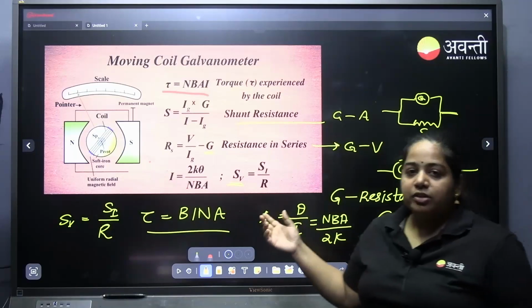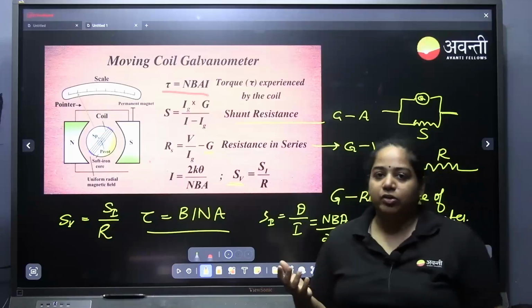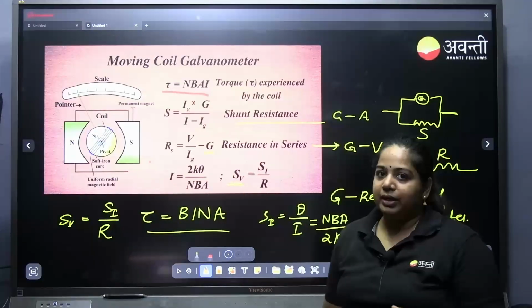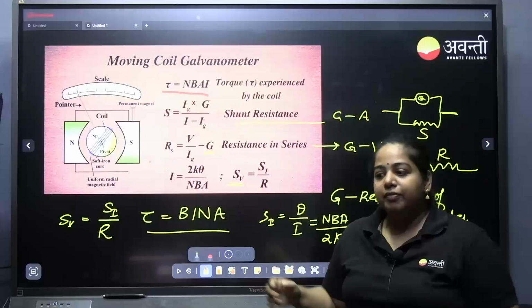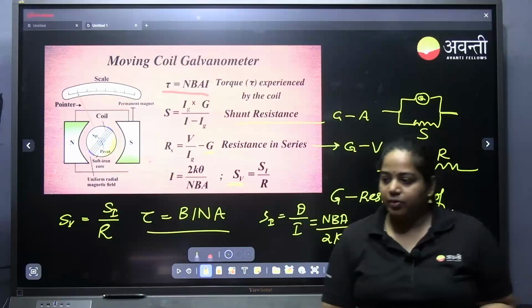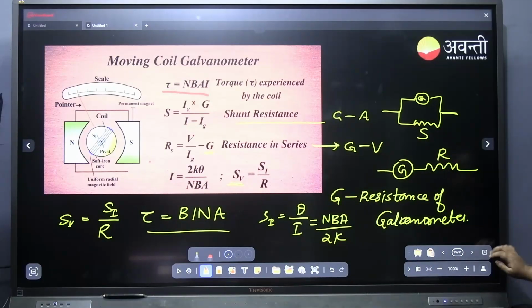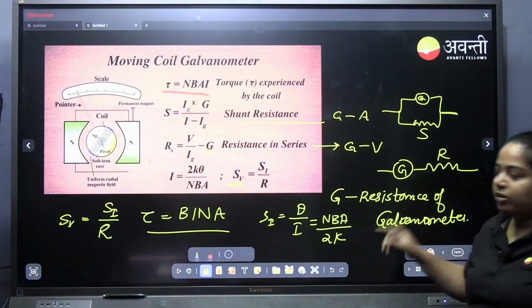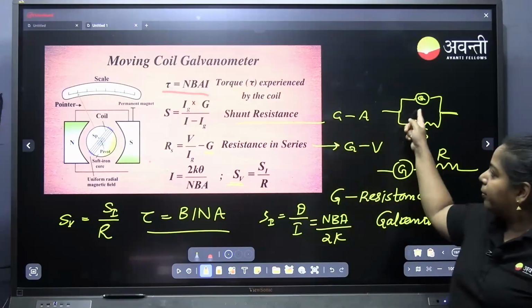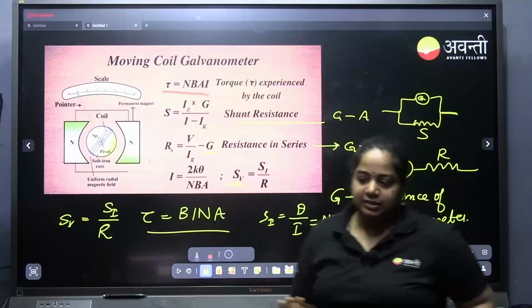K is the restoring constant for the galvanometer. It will be given in the question. K is the restoring constant. I hope that's clear for all. Torque, conversion to ammeter, conversion to voltmeter, current sensitivity, voltage sensitivity. That's it.